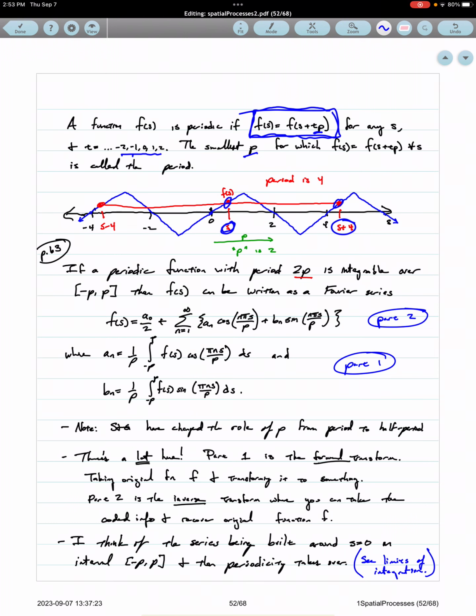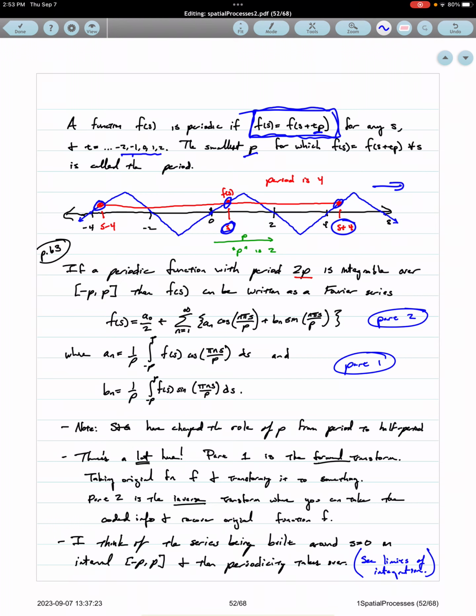And of course, if I jump back one period, the value of the function at s minus 4 is the same as the value of the function at s. And that, of course, would continue if we looked further and further at different multiples of 4.